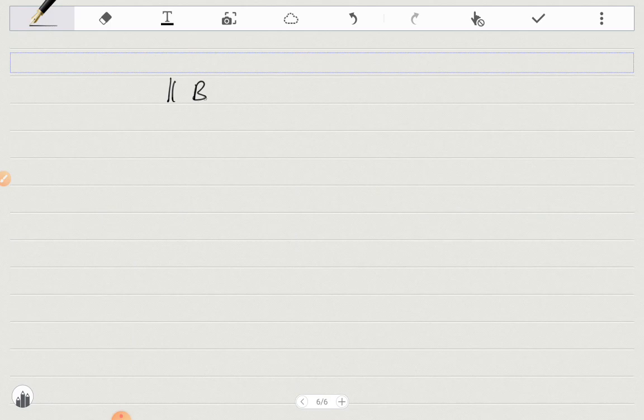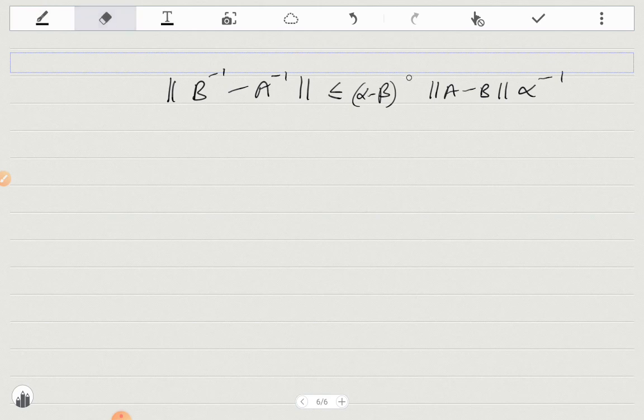So what we have is that norm of B inverse minus A inverse is less than or equal to alpha minus beta inverse, norm of A minus B, alpha inverse.